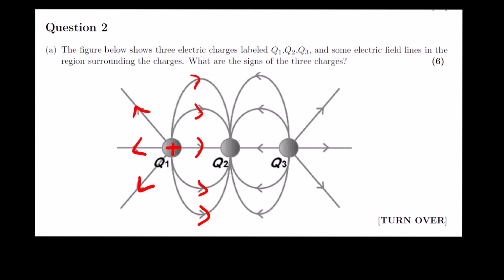As we can see, Q2 is towards, we have arrows from Q1 and arrows from Q3, but checking those arrows, it's towards, so this is a negative charge. And then we look at Q3. Since the arrows are away, you can see this arrow, it means this is also positive.